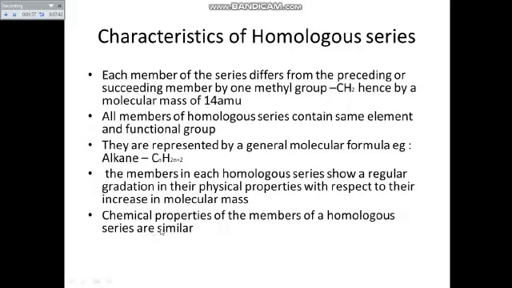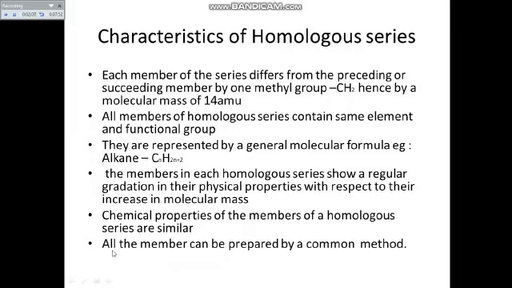And the next, the chemical properties of the members of a homologous series are similar. All the members have the same chemical properties. And then all the members can be prepared by a common method. For example, in alkane, all the members can be prepared by a common method. Thank you.